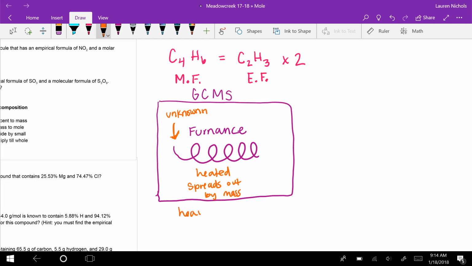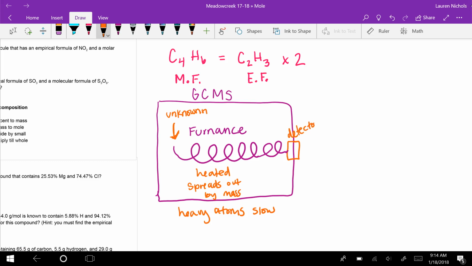So we know that what that means is the heavy atoms travel slowly. So heavy atoms are slow, smaller atoms are faster. So something like hydrogen, which only has a mass of 1.01, is going to travel a lot faster than carbon, which is 12.0. And at the very end of the coils, as I continue my picture, it goes to this detector right here. This is the orange box, this detector.